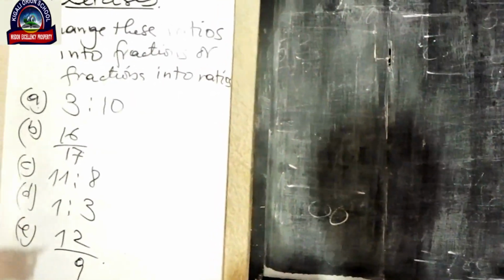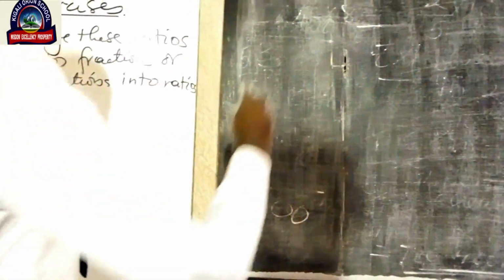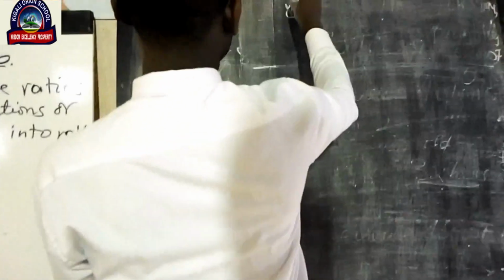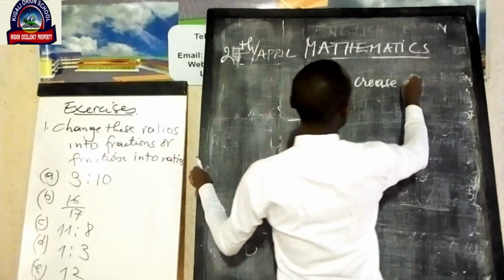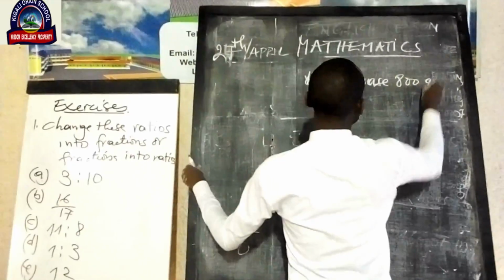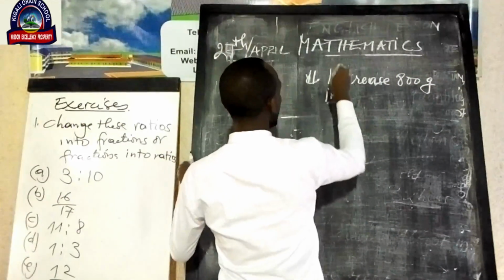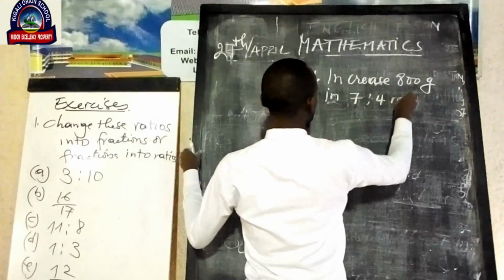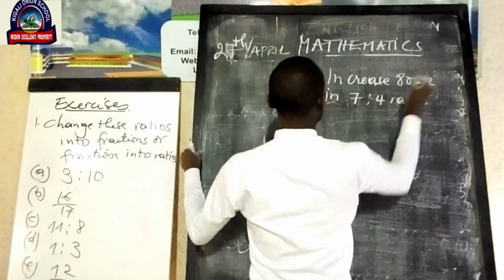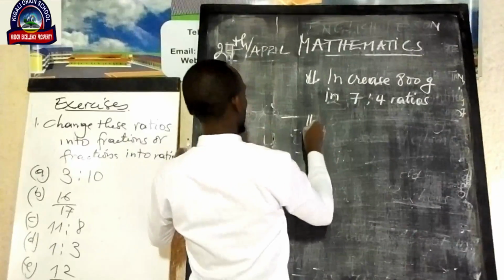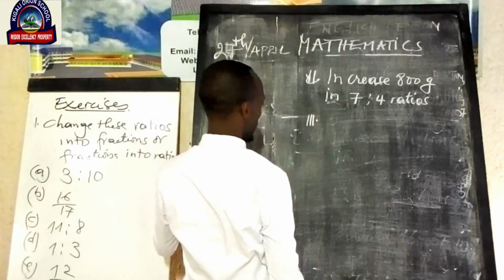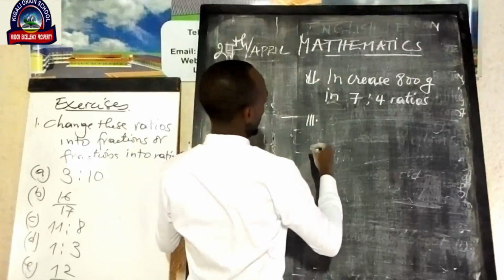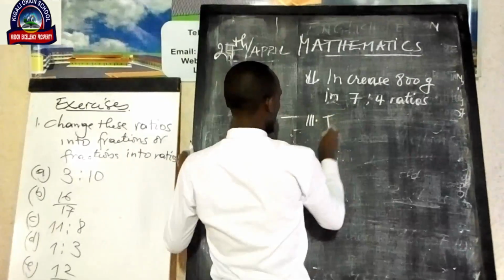Now, question number 2. 800 grams in 7:4 ratios. Exercise number 3 is James.